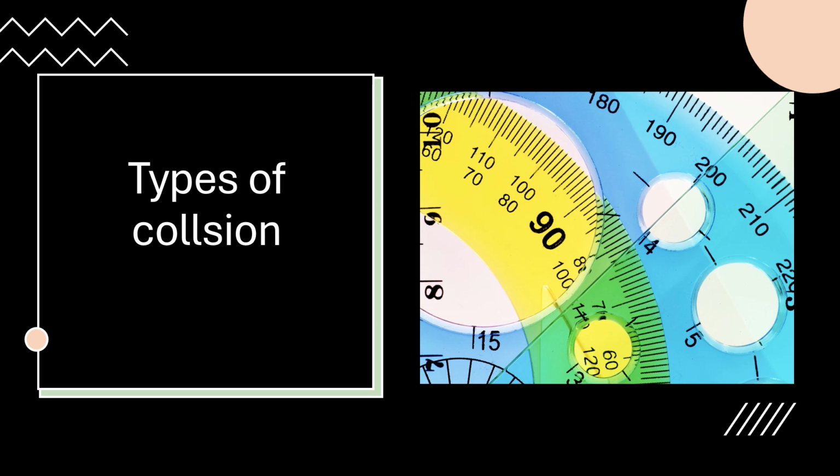There are three types of collisions: perfectly elastic collision, inelastic collision, and perfectly inelastic collision. Two, based on the direction of colliding bodies. In this section, the types of collisions depend upon the direction of the colliding bodies before the collision takes place. Based upon that, the collision is of two types: one-dimensional collision, also known as head-on collision, and oblique collision.